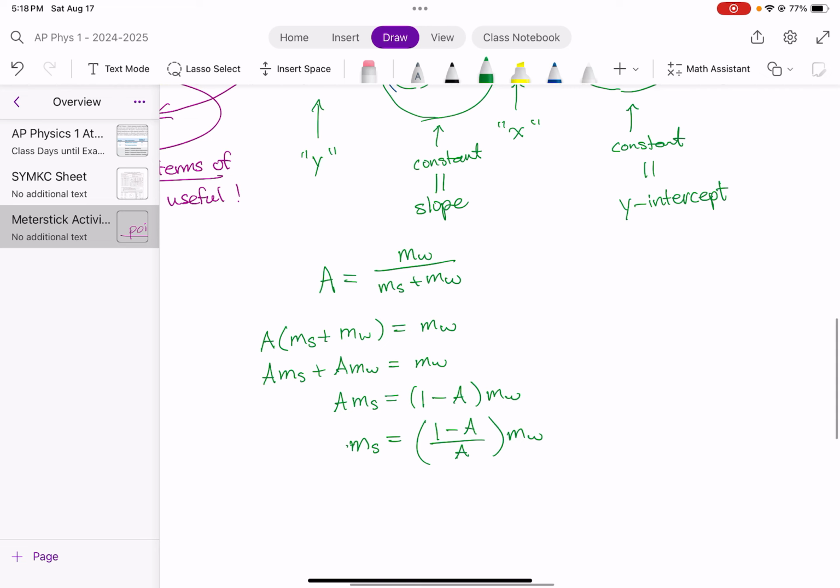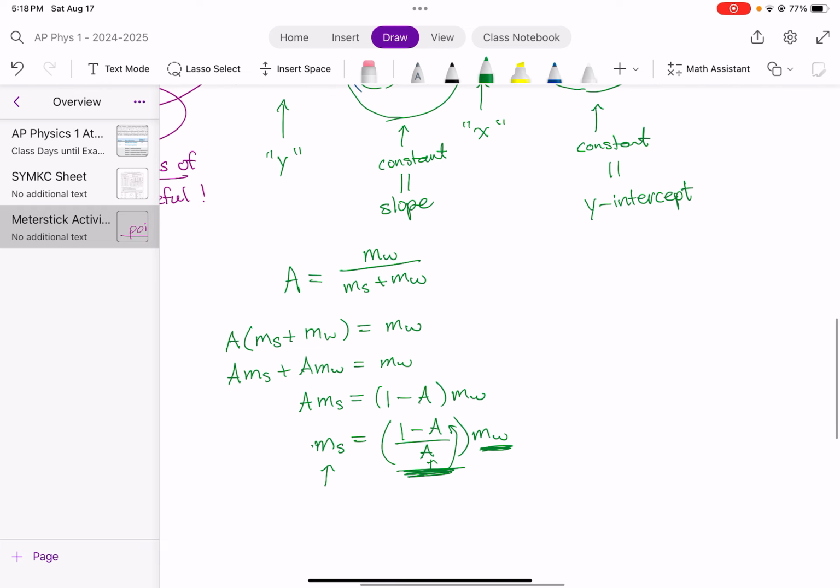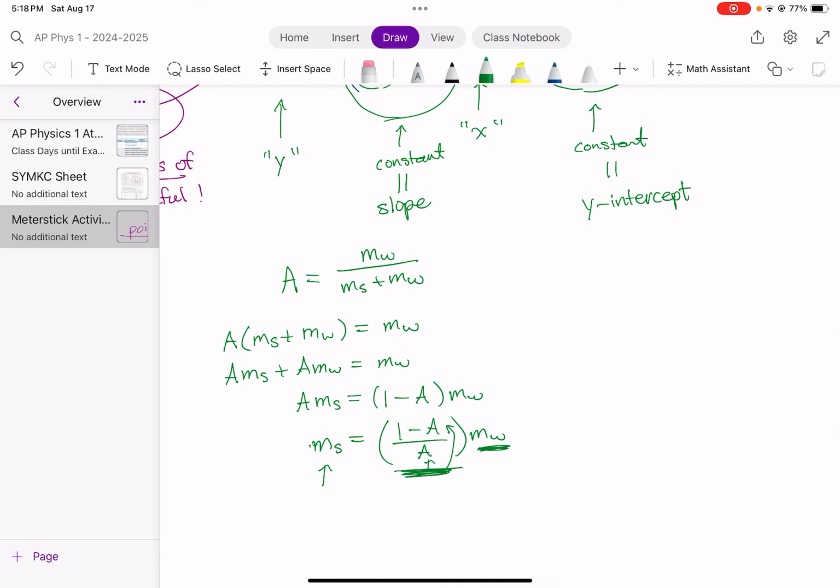Okay, nice. So this right here is a formula for the mass of the stick in terms of the slope of our least squares regression line, and also the mass of the weight. And that's really useful to have because notice what doesn't show up.